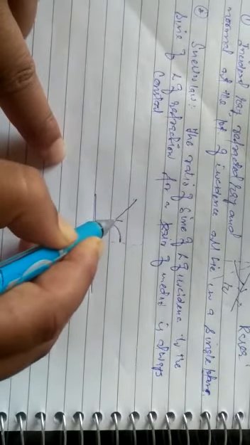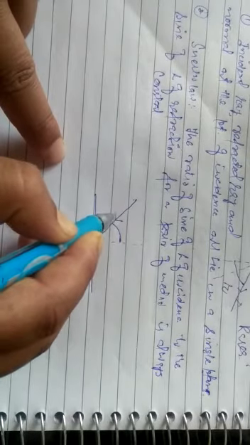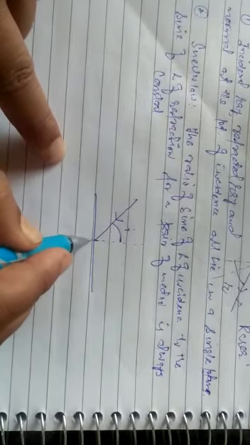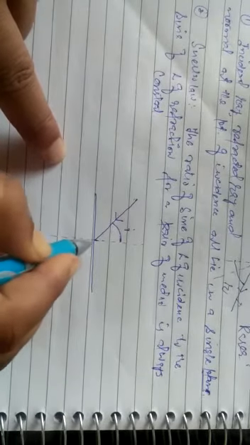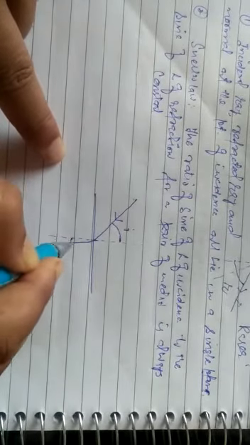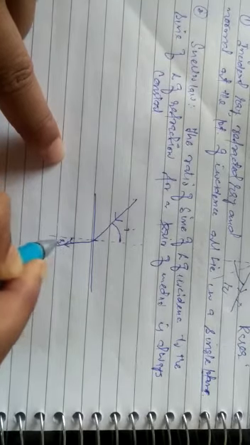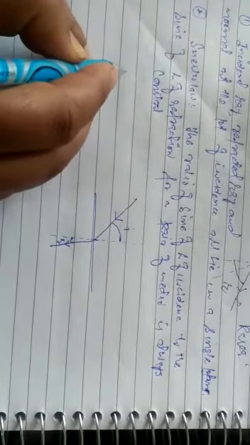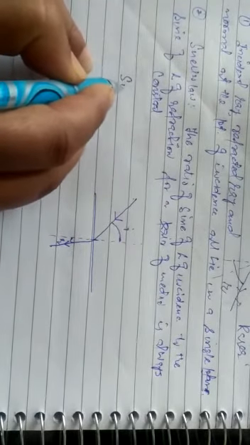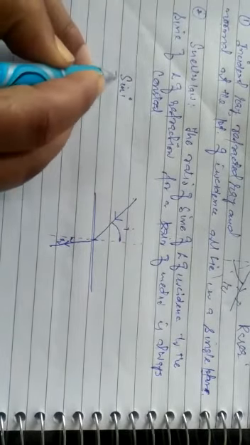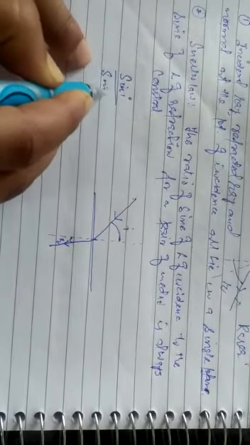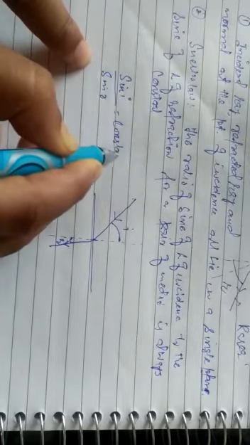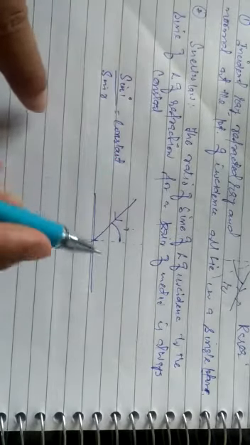This is called the angle of incidence, and this is called the angle of refraction. Snell's law says sine I by sine R is constant for a pair of media.